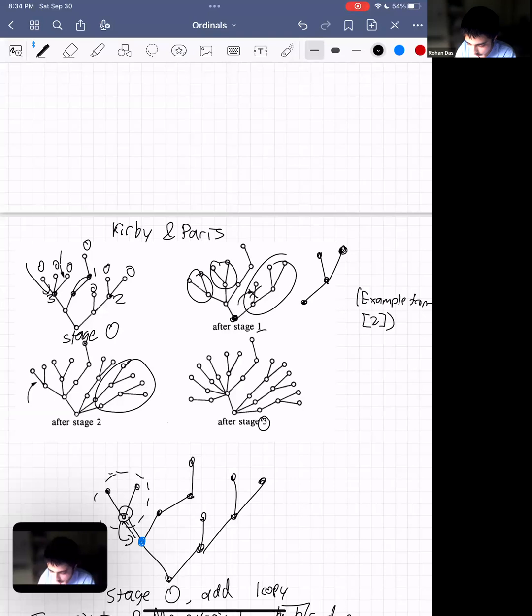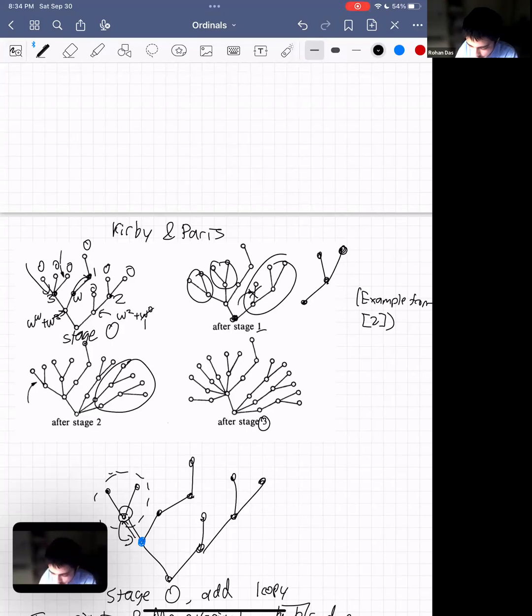This one is only connected here, so it would be omega. And now this one is connected to a 3 and an omega, so it would be omega to the omega plus omega to the 3. Well, this one would be omega to the omega squared plus omega to the 0, which is 1.